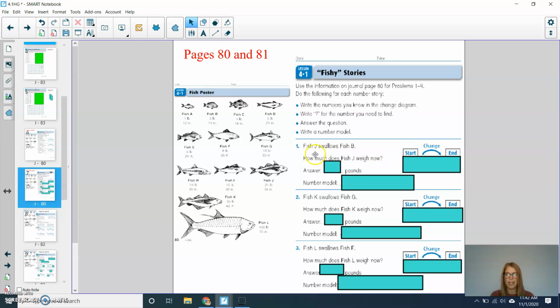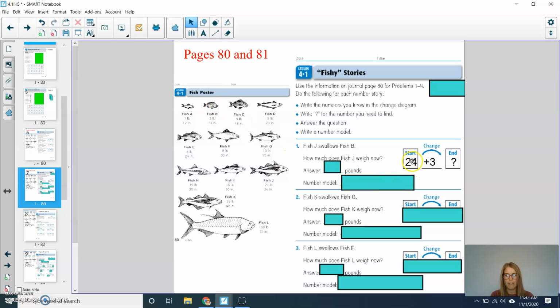For number 1, it says fish J swallowed fish B. How much does fish J weigh now? If I look at my diagram, I can see that I'm starting with fish J at 24 pounds. And then he's swallowing fish B, so fish B is 3 pounds.